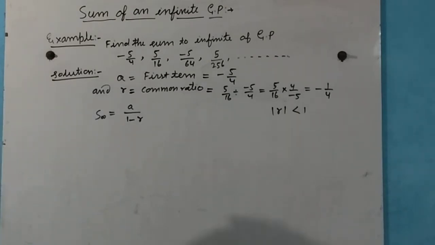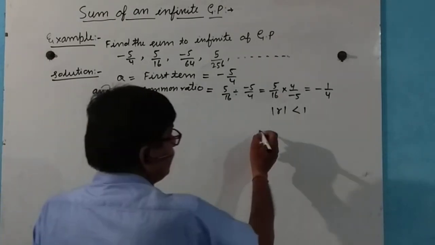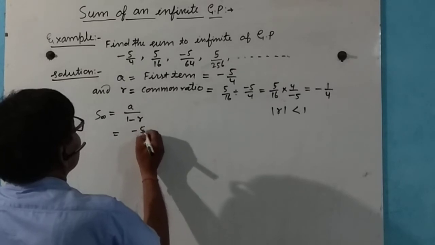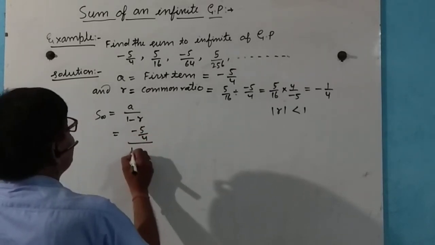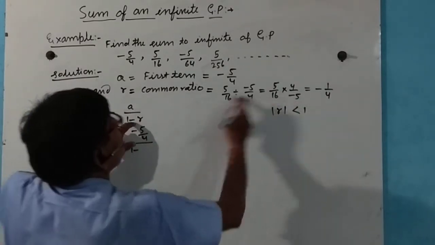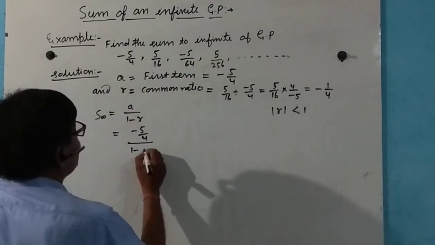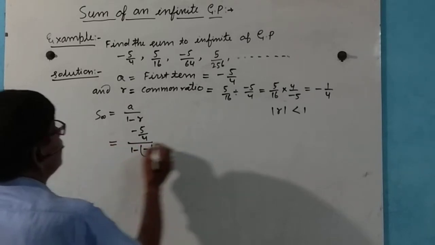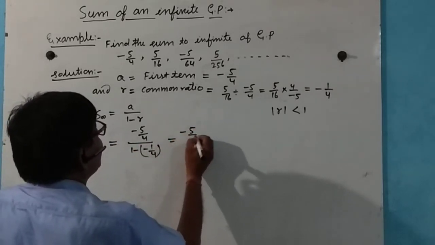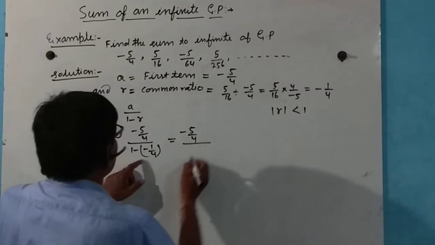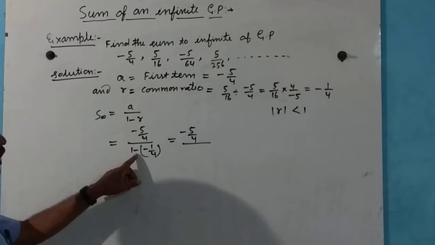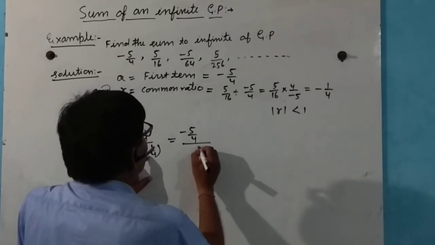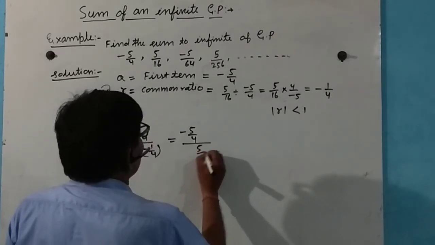Now here A is equal to minus 5 by 4, divided by 1 minus R, which is 1 plus 1 by 4, that is 5 by 4.